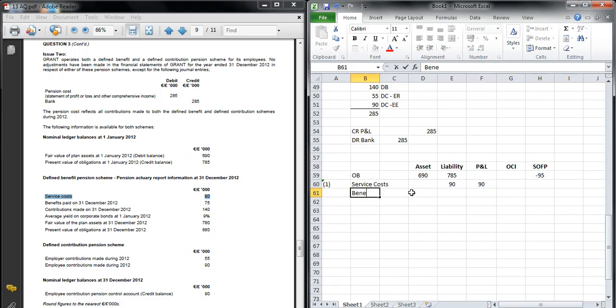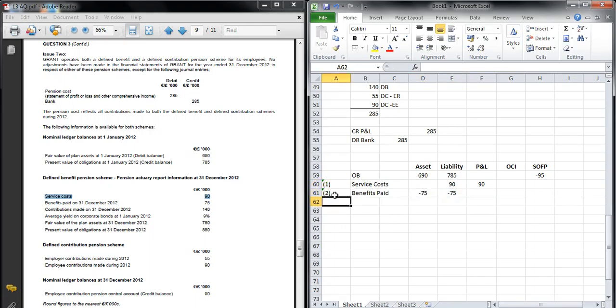The next one is benefits paid. These are essentially benefits that are paid to pension holders during the period. So they will reduce your asset because you're paying it out of your asset plan, and they will also reduce your liability because you've now paid off some of your obligation. So you only have to make 2 entries, minus 75, minus 75.